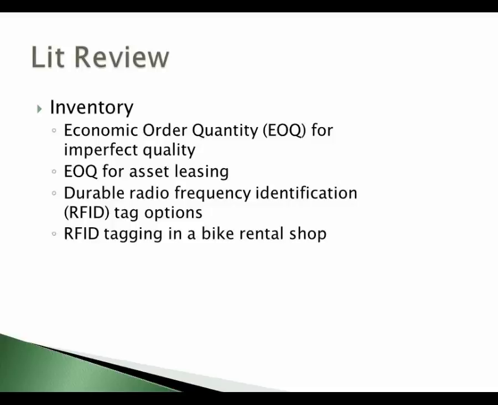And one of those was the EOQ model for imperfect quality. So this is relevant to Boltabout because some of the bikes that come are defective, about 5% so far. So it's important to take that into account when ordering. Also, the EOQ model gets changed when you're leasing your assets rather than selling them.